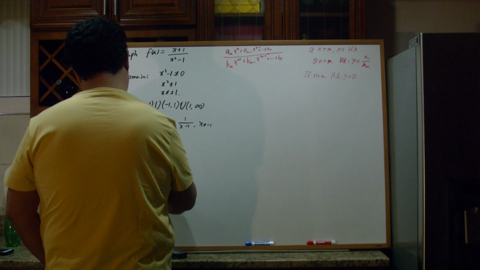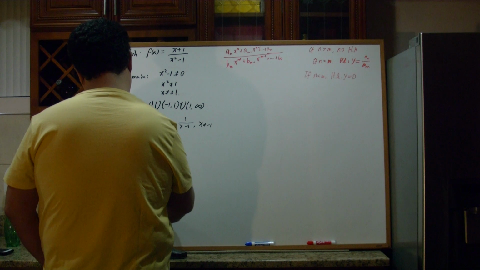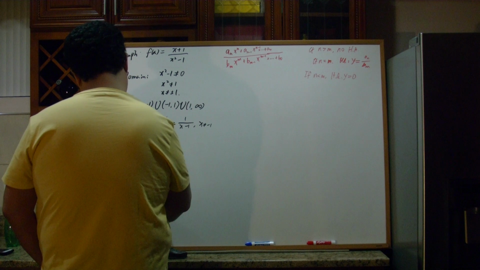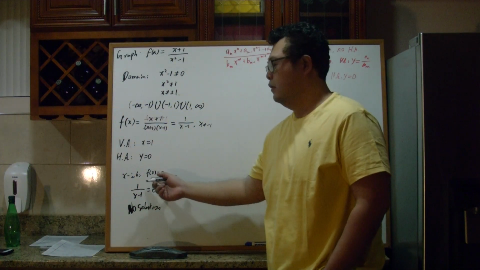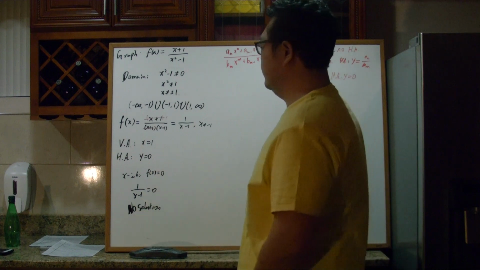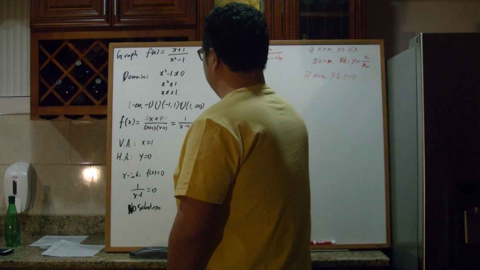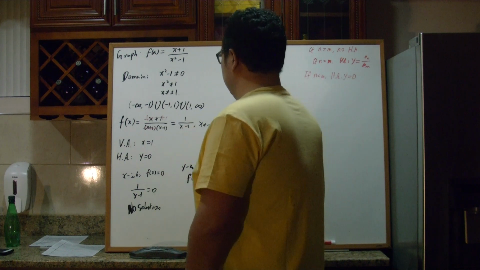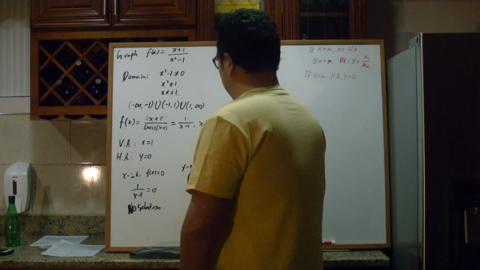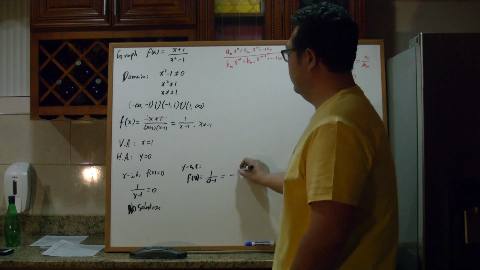But that has no solution: 1 over x minus 1 cannot be 0, since the numerator cannot be 0. Our y-intercept is f of 0, which we can substitute into the simpler function: 1 over 0 minus 1, that's negative 1.